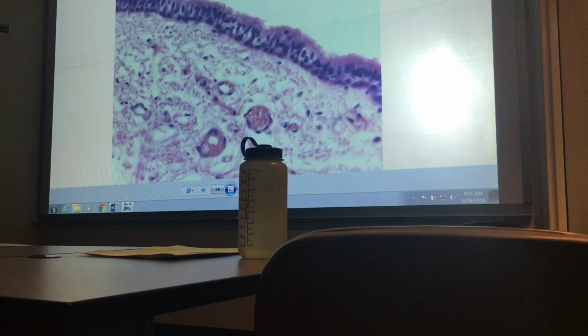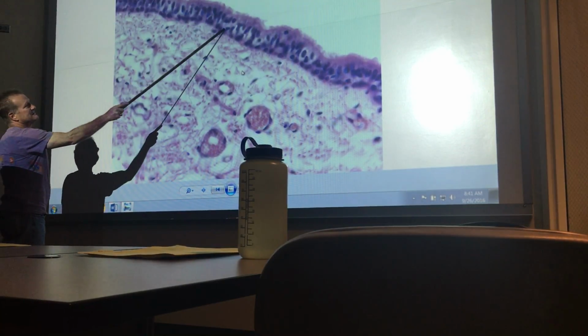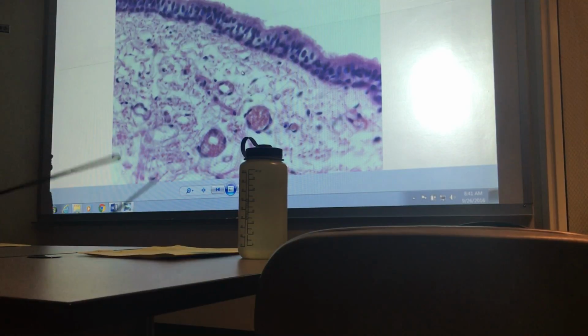The basal cells have their nuclei down very low, close to the basement membrane. And then the goblet cells and the ciliated columnar cells are above that. So you get this appearance of stratification, and it's a great example of how we really only know what we know because of people looking at things magnified tens of thousands or hundreds of thousands of times with the electron microscope.